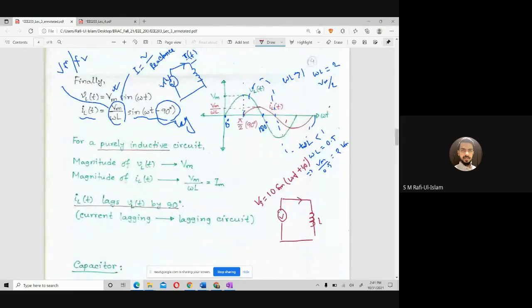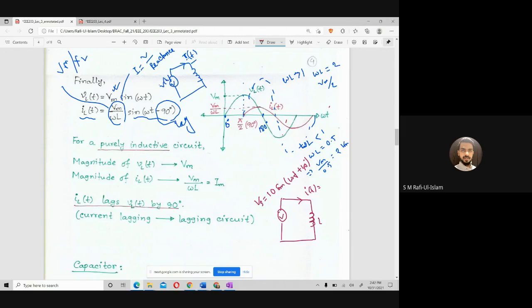Can you tell me what would be the expression for current here? Can you hear me, or am I talking too slow? It's audible. Thank you. So if this circuit is energized by a voltage source that looks like this, what would be the expression for current? Any idea?